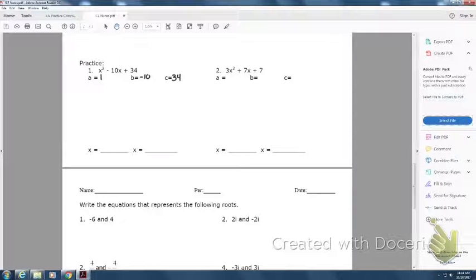So I'm going to have the negative that belongs to the formula, and then b plus or minus the square root of b squared minus 4ac all over 2a.